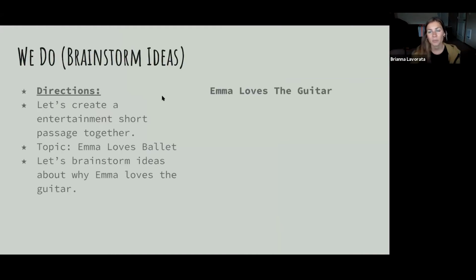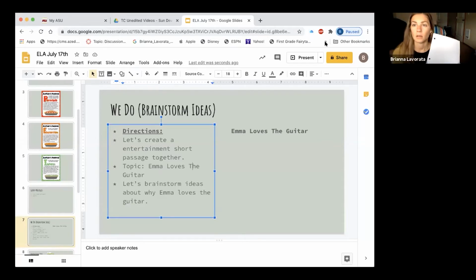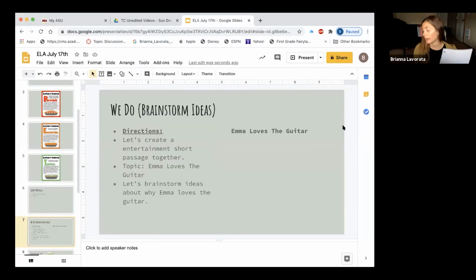So now together we are going to brainstorm some ideas, and we're going to create an entertainment story. The topic of our story is going to be Emma Loves the Guitar. On your piece of paper, I'm going to be filling this out mostly on my computer, but I'm also going to be modeling what you should be doing.